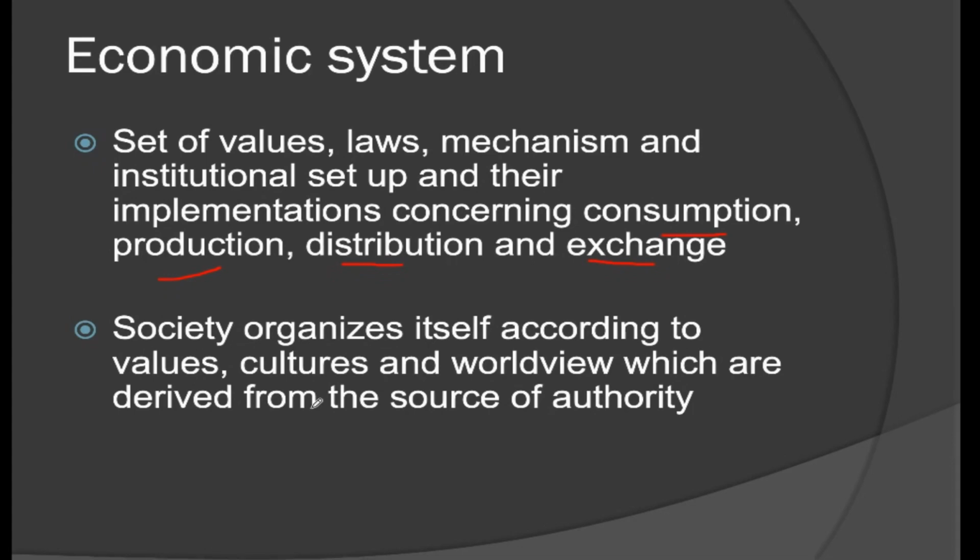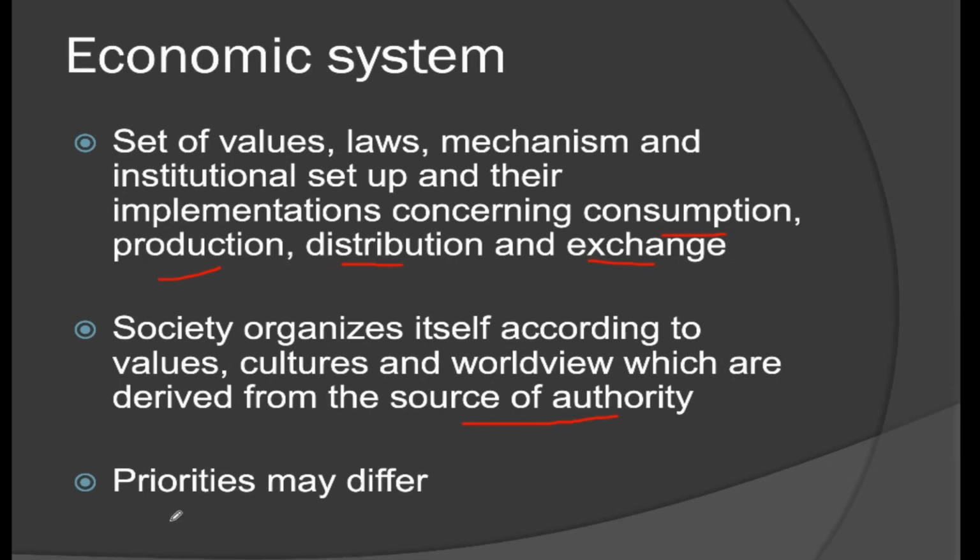So when we say a Muslim society, definitely we have our own values, culture, and Islamic worldview. And we derive all this from our sources of authority. Recall, chapter 2, we talk about the sources of knowledge in Islam, Al-Quran and Sunnah, as our two primary sources of knowledge, thus also sources of authority.